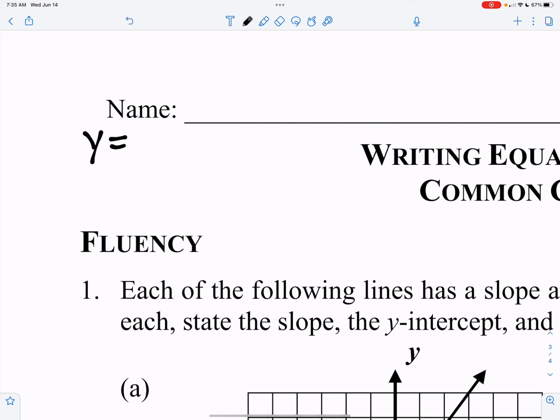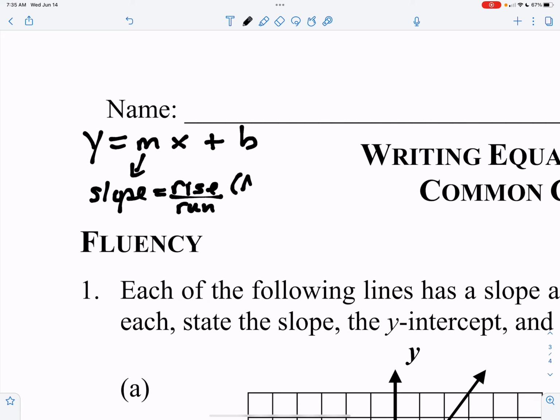y equals m times x plus b, where m is your slope, and your slope is a ratio of rise over run. That means change in y, going up or down, over change in x. The little triangle is the Greek letter delta, and it means change.